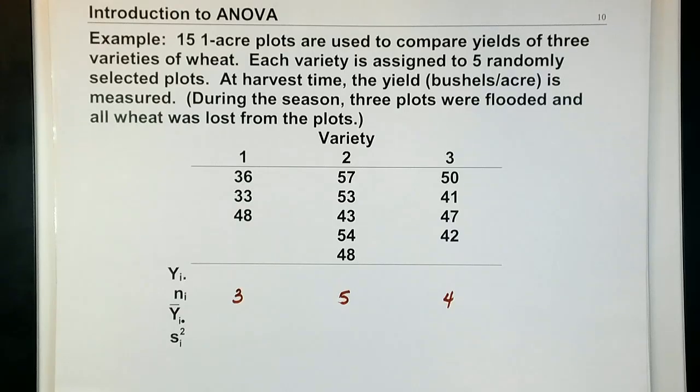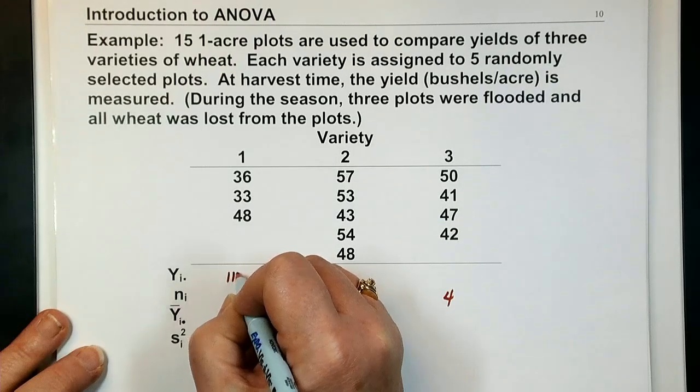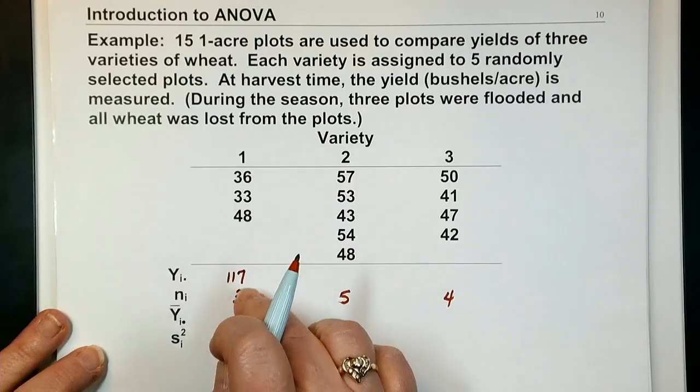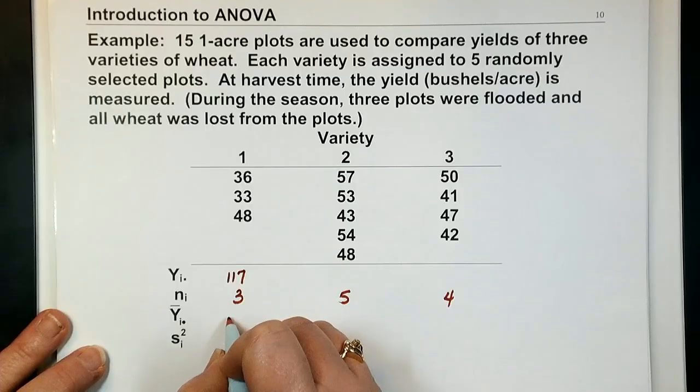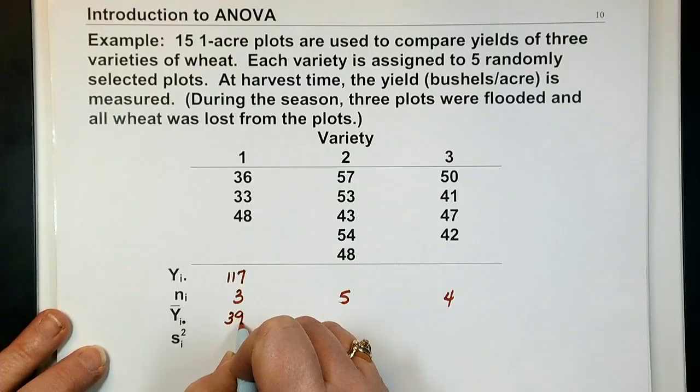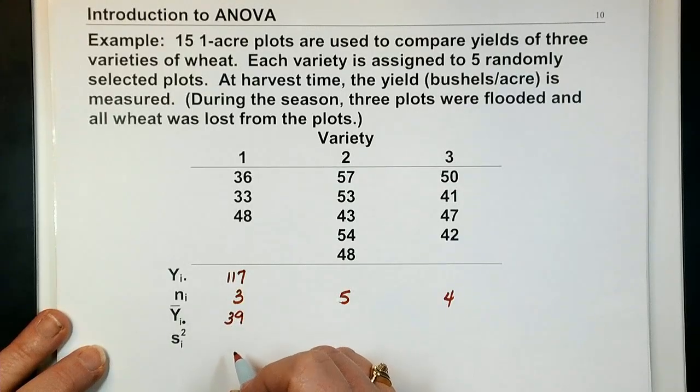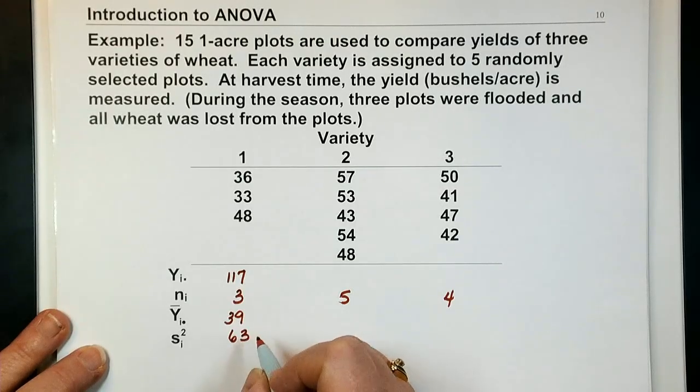Variety 1, what do you have? Yi dot is your sum of observations, or that variety total: 117. If I take the 117 divided by 3, my sample mean is 39. And this variety 1 variance is 63. Everybody agree?